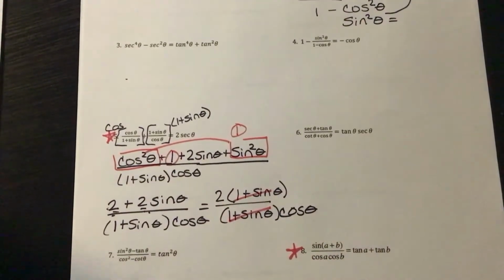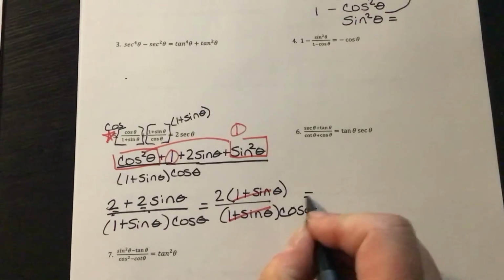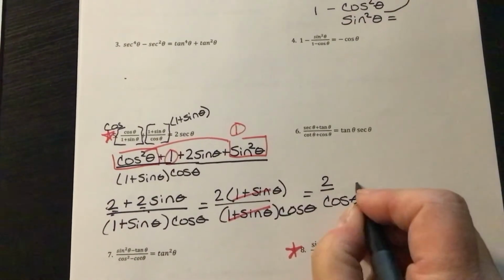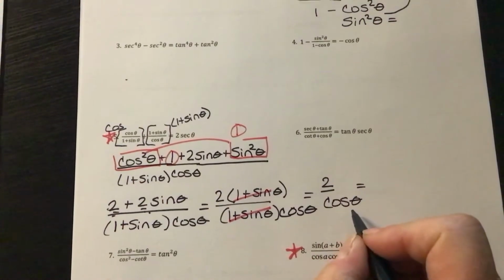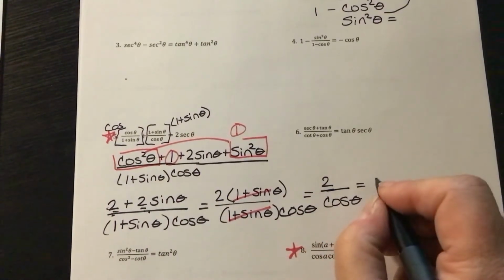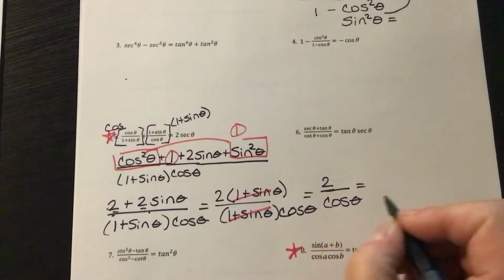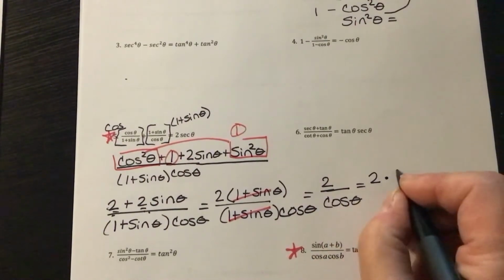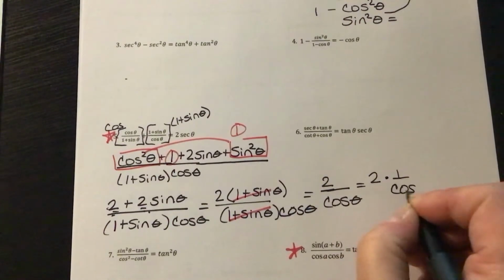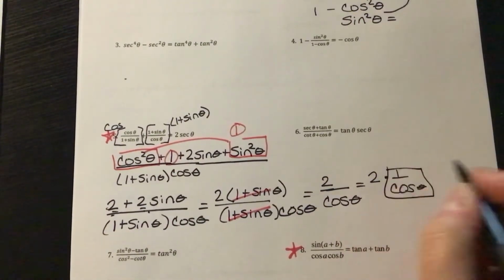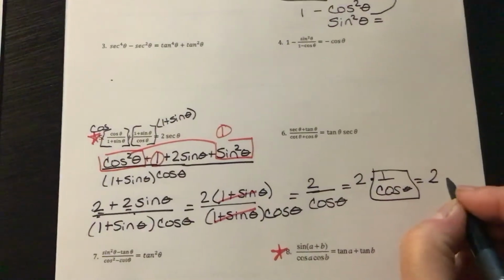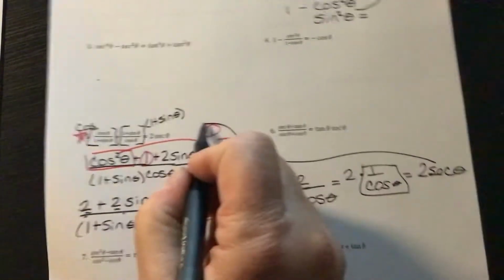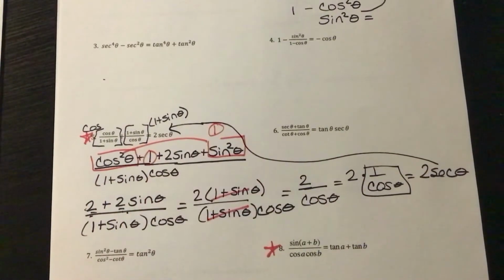And I'm left with 2 over cosine theta. And cosine theta on the denominator is really secant of theta, so I can write it as 1 over cosine. This right here is secant, so I have 2 secant. And that's what I want to have right here.